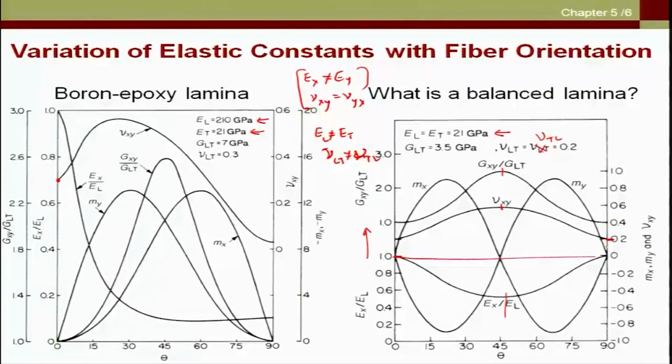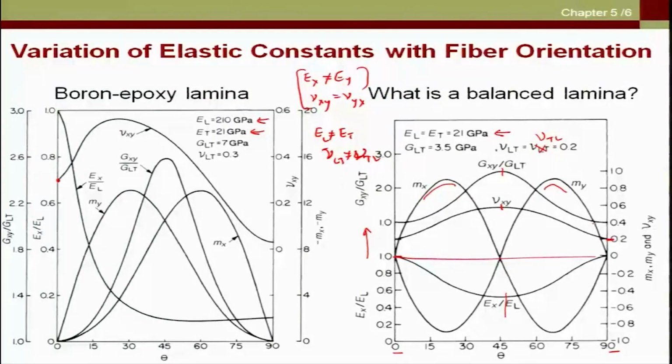So it is 0.2 at 90 degrees and 0.2 at 0 degrees, and then mx and my are also behaving in a very symmetric, nice way. This is the relation for mx, this is the equation for my.